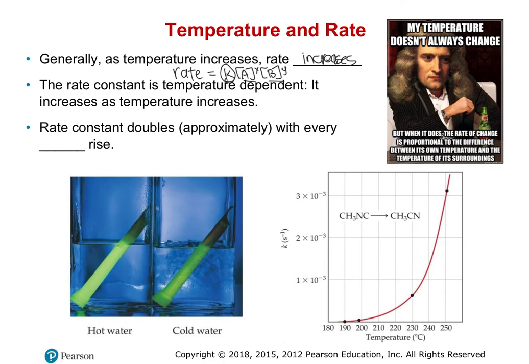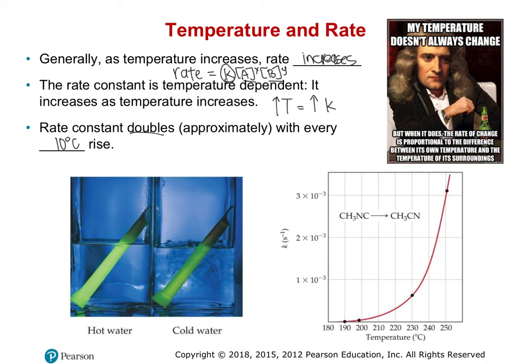So k is temperature dependent, and an increase in temperature means we're going to increase our rate constant. In general, approximately, the rate constant is going to double with every 10 degrees Celsius increase.